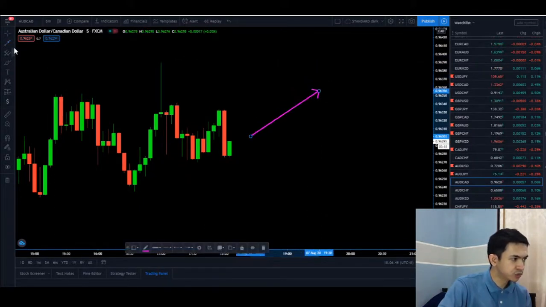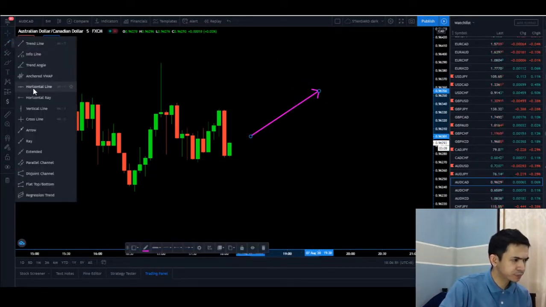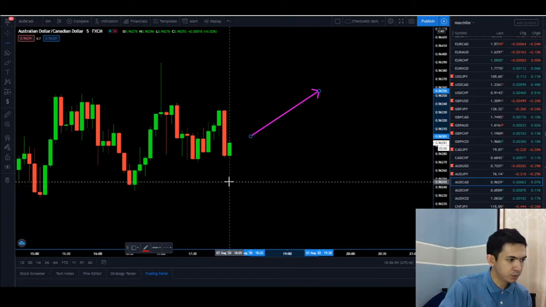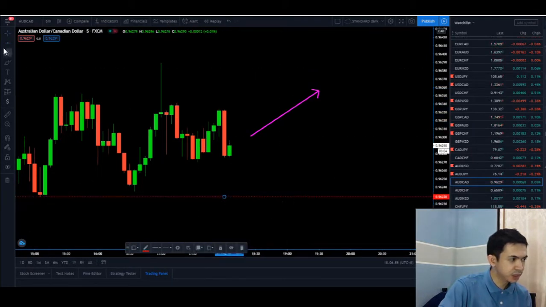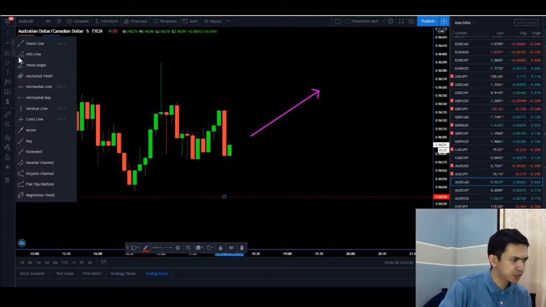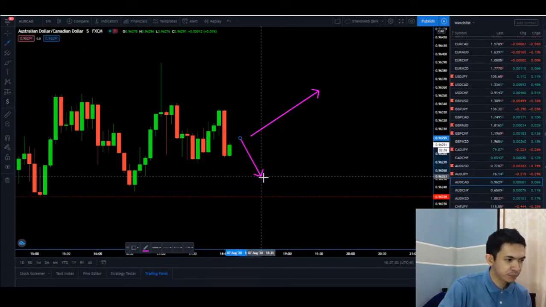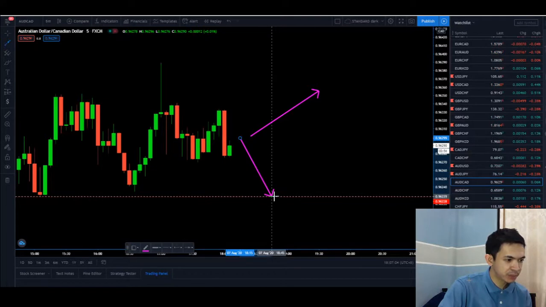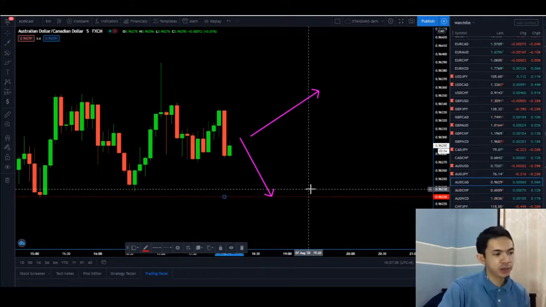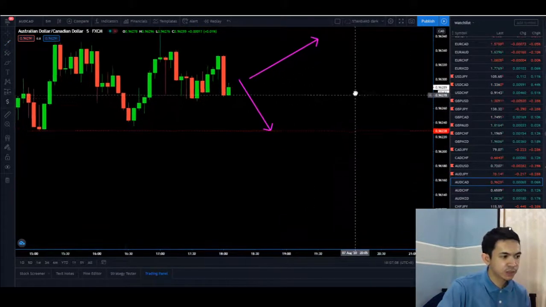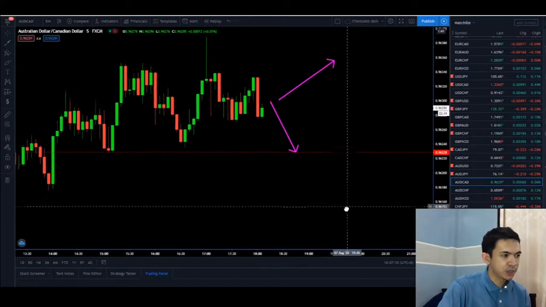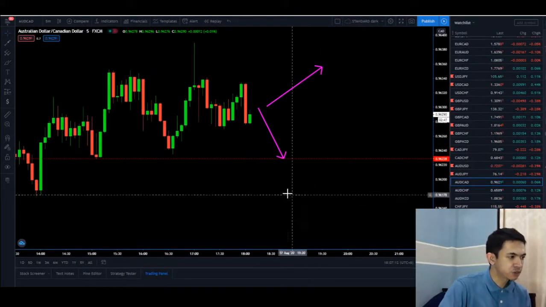So my stop loss will be below this. Meaning, if the price moves against me, or if my analysis is wrong, and the price hits my stop loss, I'm automatically out of the market. That prevents me from having huge losses.